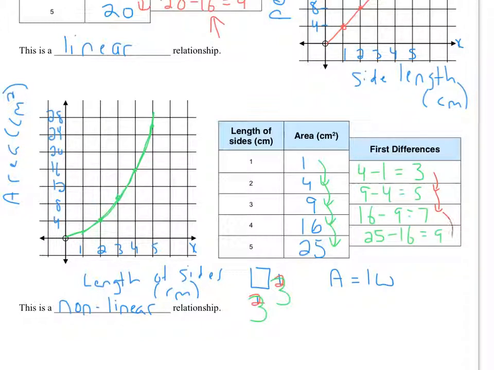And it's just the jump or the difference of your first differences. And you can see here we go from 3 to 5, so we're adding 2, 5 to 7 adding 2, and 7 to 9 adding 2. And we notice that all the second differences are the same. And that's a very interesting property that you will look at in grade 10.